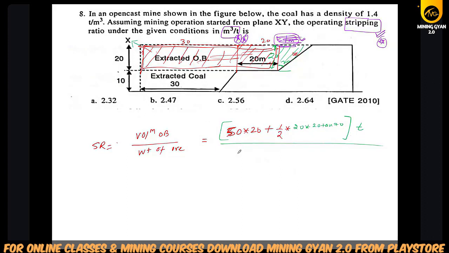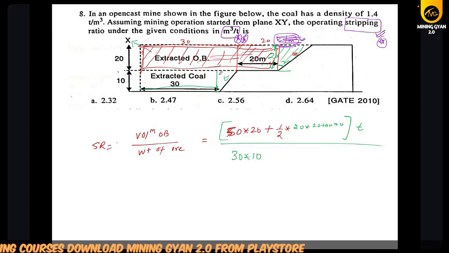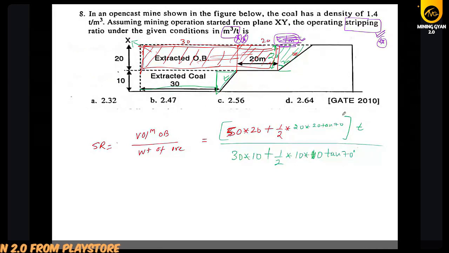So it is the volume of the OB divided by the weight of the coal, which is the 30. Up to this is 30 into 10, 30 into 10. And for this part, it will be 1 by 2, 10 multiplied by 10, tan 70 degrees. You can take whatever angle; in this question he has not mentioned the angle, so I have taken 70 degrees.